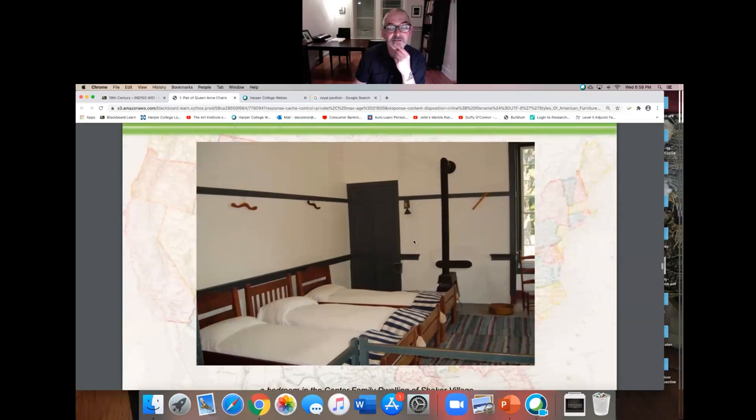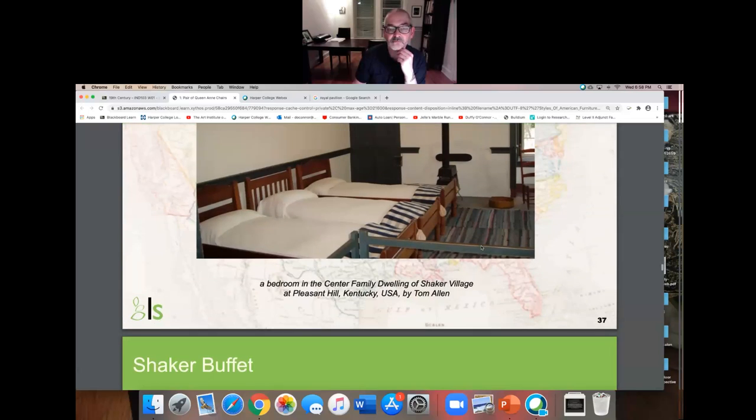And here, this simple Shaker bedroom, they did have a chair, and what I guess would be a picture rail, but it's a little too low for that. This is a peg rail where they would hang things. They would hang their clothes, and when chairs were not in use, they would hang the chairs up on pegs so they could be off the floor.